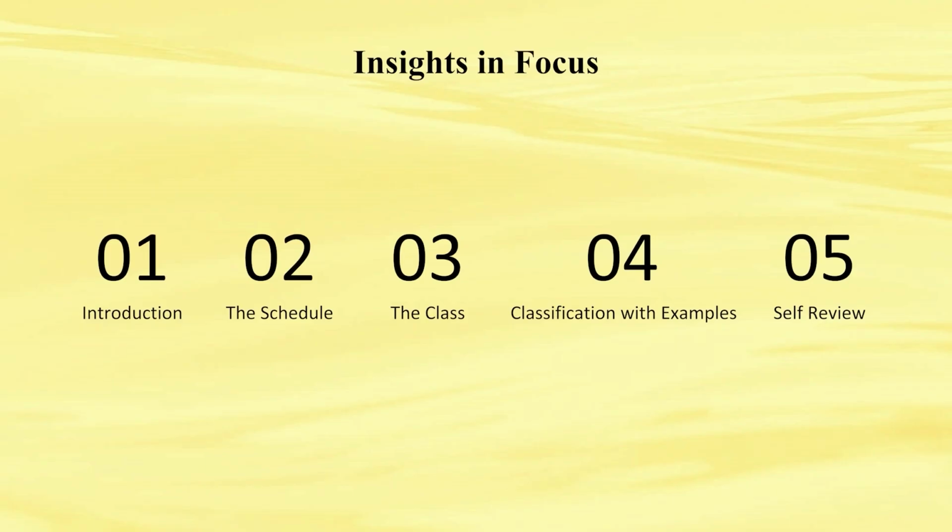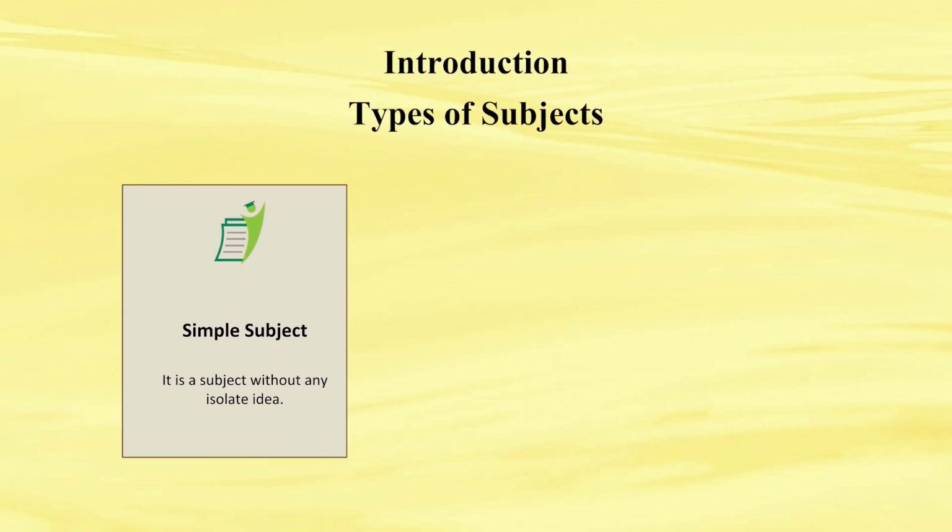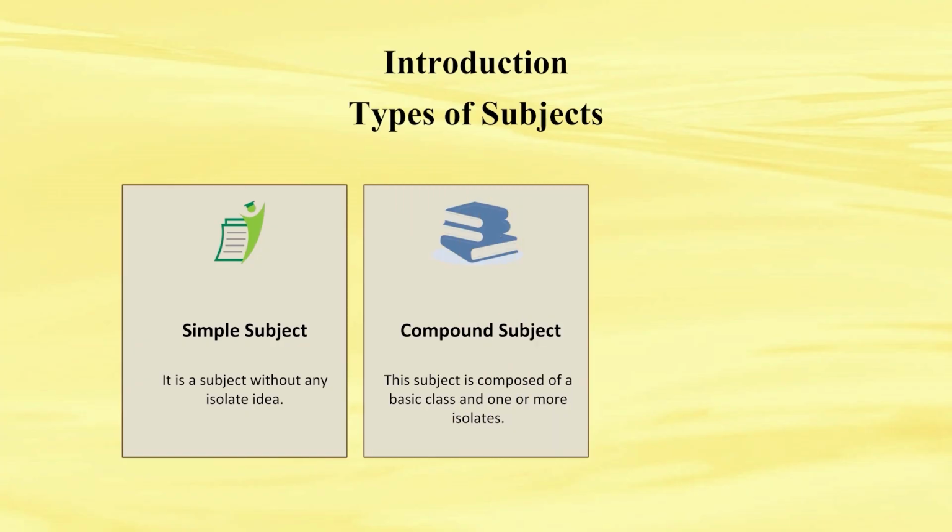The subject is what a document embodies. You know that there are 3 types of subject. One is the simple subject, which is the main subject or main class without any isolate idea, for example Christianity, chemistry, physics, etc.